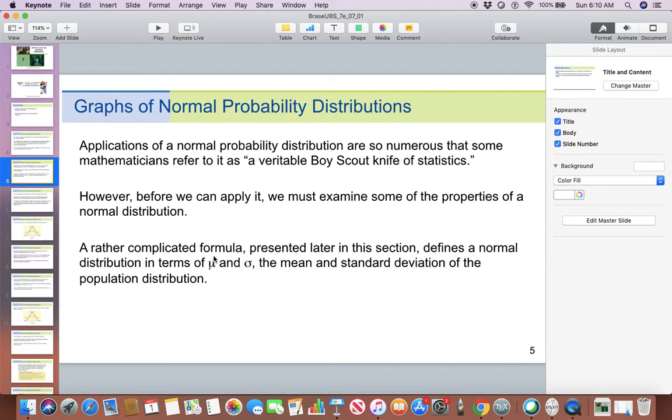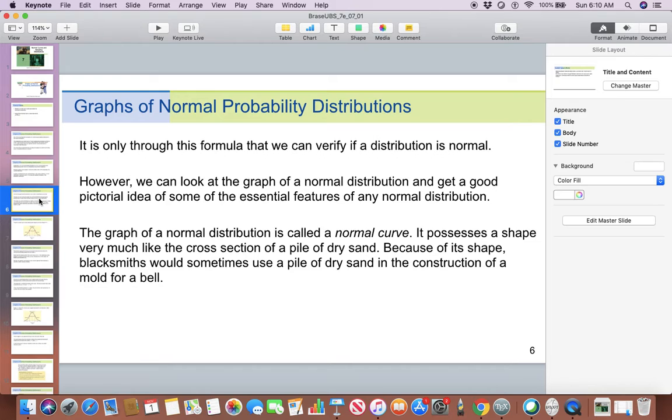A rather complicated formula presented later in this section defines a normal distribution in terms of mu, that is the mean, and sigma, that is the standard deviation of the population distribution. It is only through this formula that we can verify if a distribution is normal.